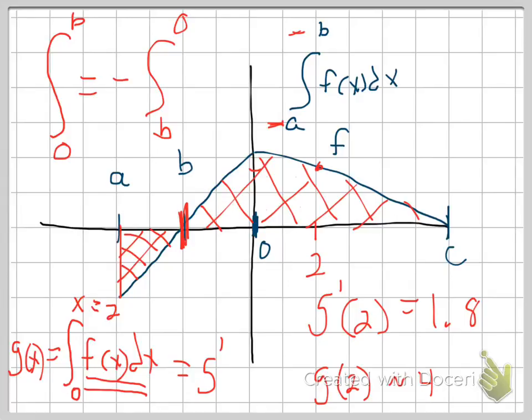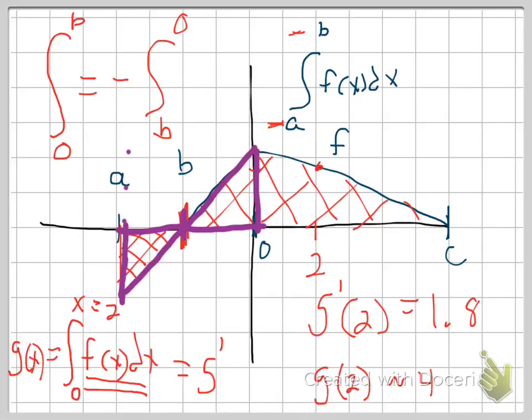Now, remember that we have positive and negative area. So in other words, what we're saying is if we looked at this region and that region, right, we could think of the y-axis and this vertical line over here as parallel, right?